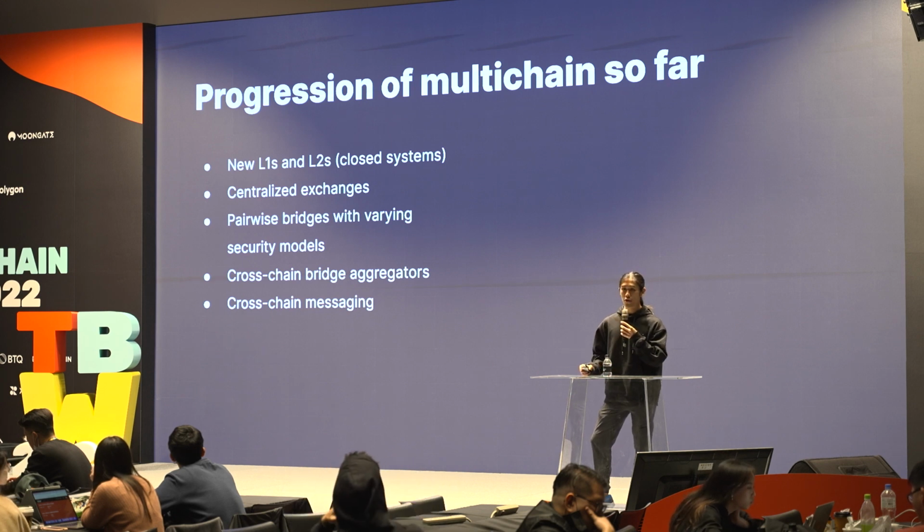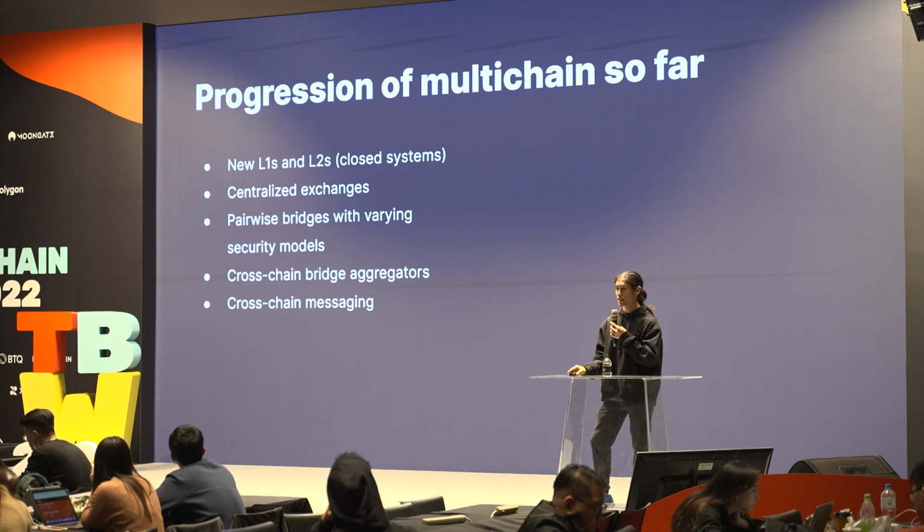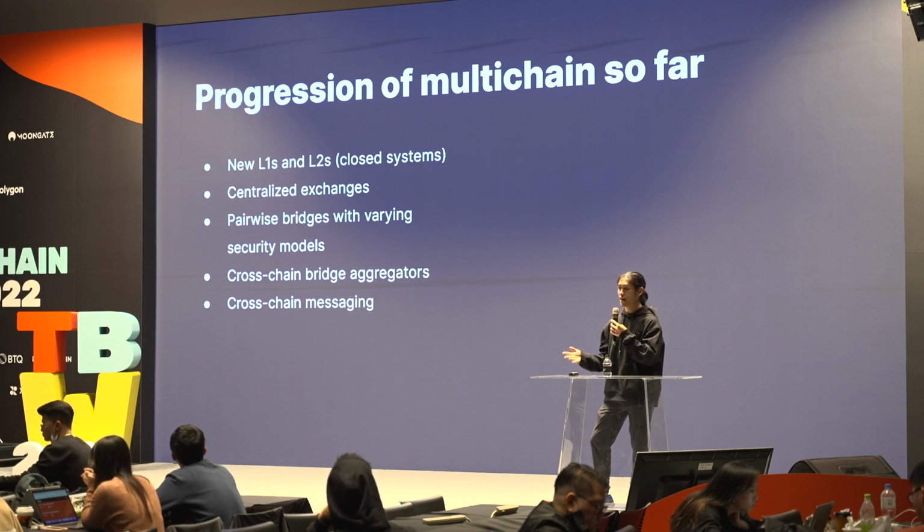So you have these new L1s and L2s. They are closed systems by nature. Even with something like Polkadot or the Cosmos ecosystem, they are restricted to a certain bubble or subset of the crypto ecosystem. And initially, there has never been a way to transact between them.